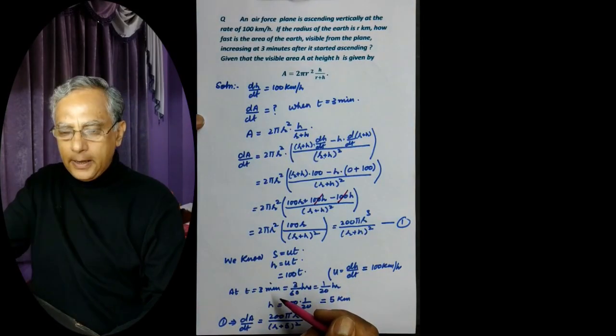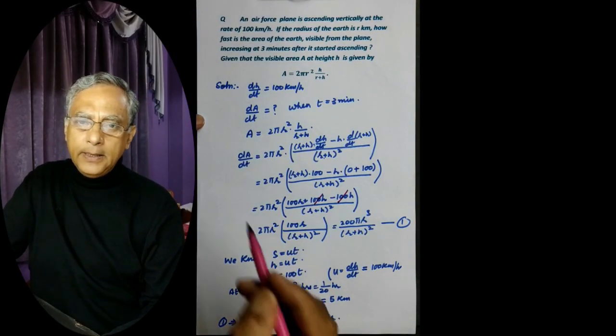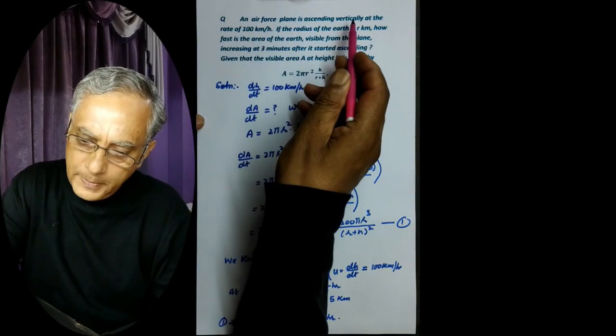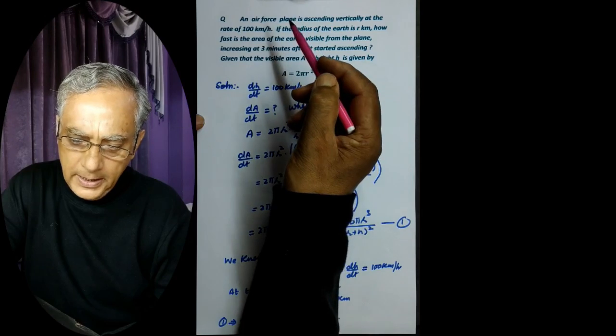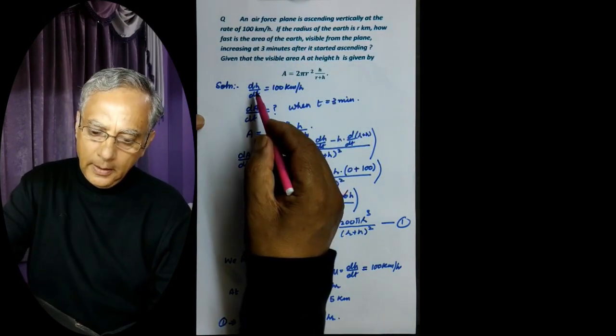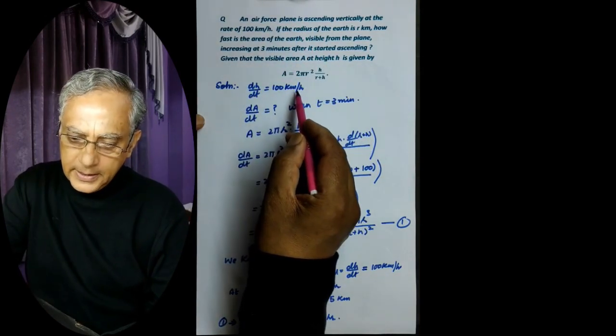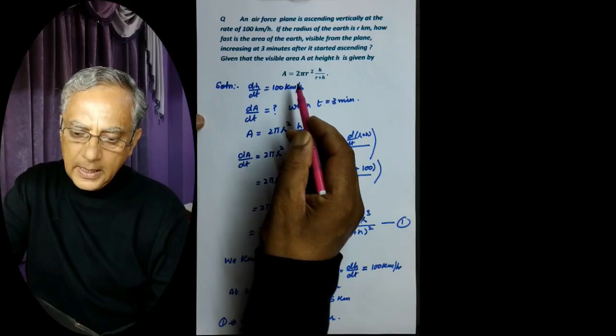I will quickly explain this question once again. An Air Force plane is ascending vertically at the rate of 100 kilometers per hour. Therefore, dh by dt is given to be 100 kilometers per hour.